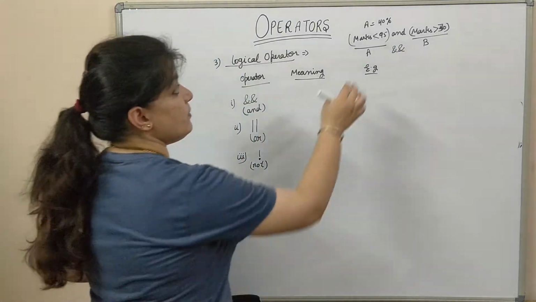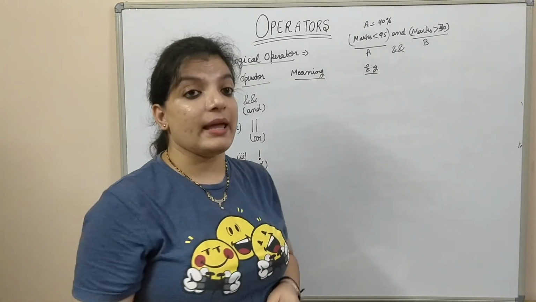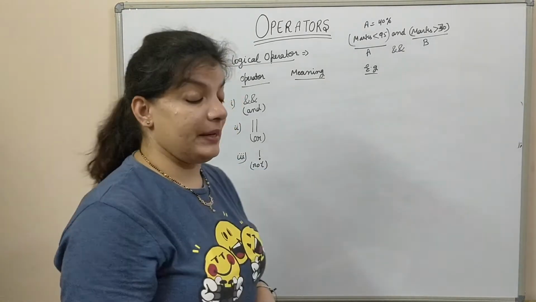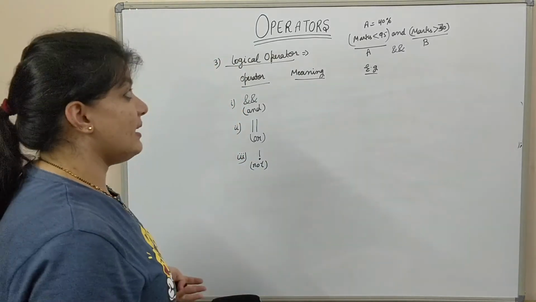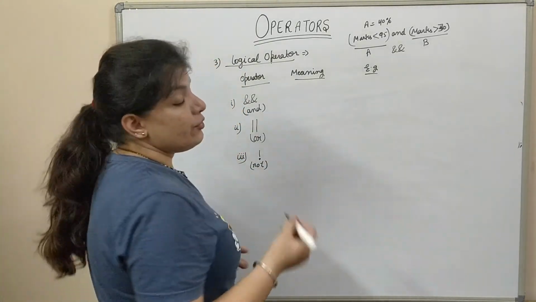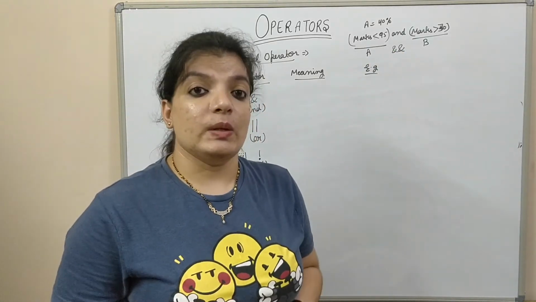So what is the purpose of this? The output returned by this AND operator, if both the operands are true, in that case the output will be true. If one of them is false, then the result will be false.